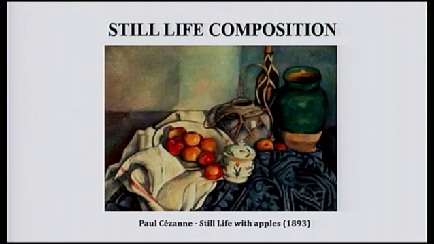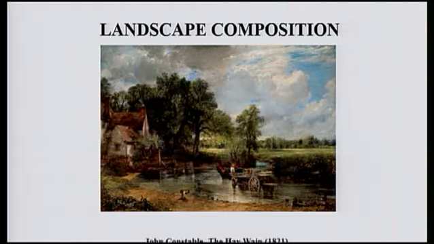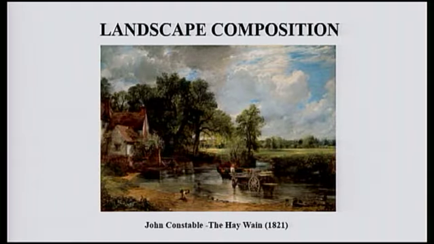An example is the work of Paul Cézanne's still life with apples. Landscape composition depicts the natural sceneries which represent the beauty that meets the eye, as in the work of John Constable, a very famous landscape artist in his time.